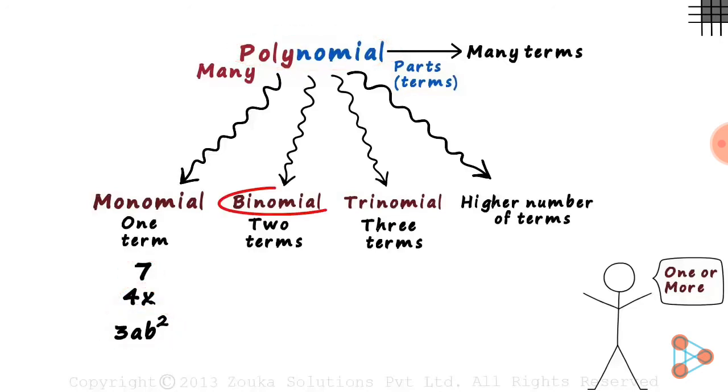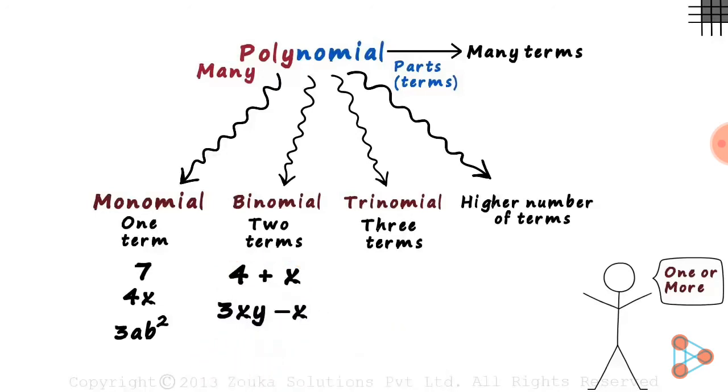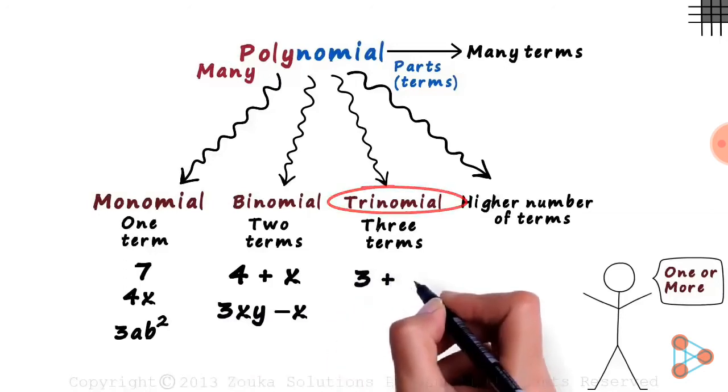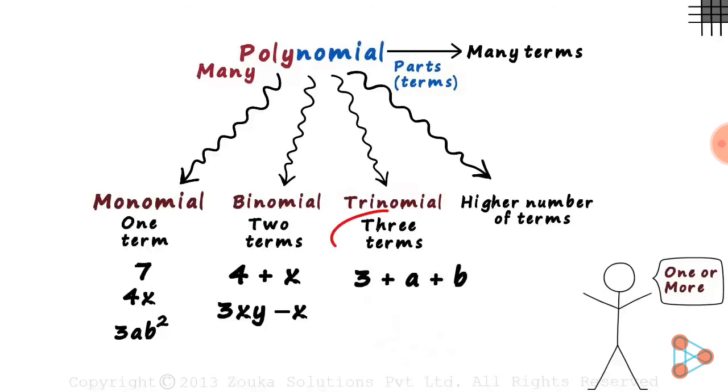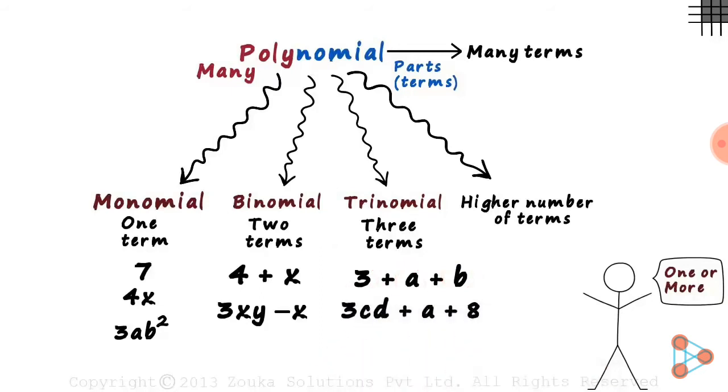An example of a binomial would be 4 plus x. The plus sign separates the terms. Another example would be 3xy minus x. An example of a trinomial would be 3 plus a plus b. It has three terms, 1, 2, and 3. Or maybe 3cd plus a plus 8.